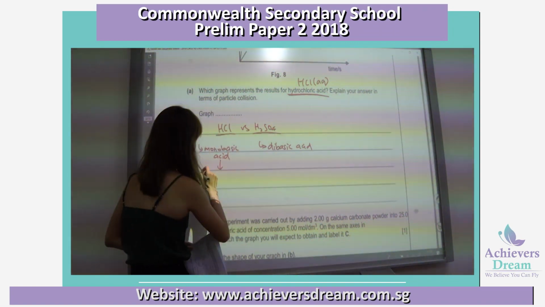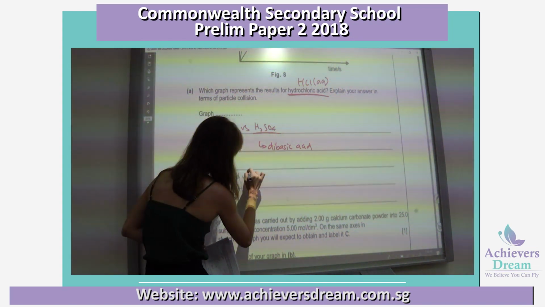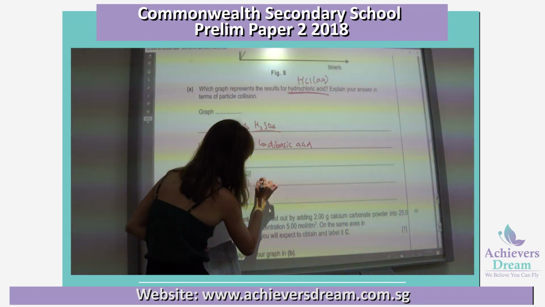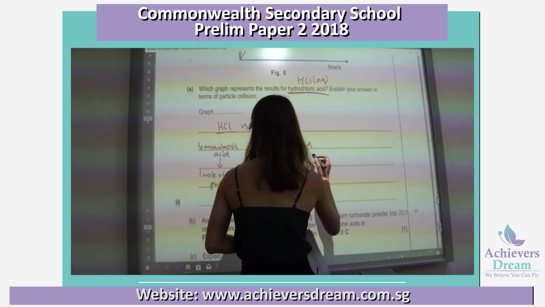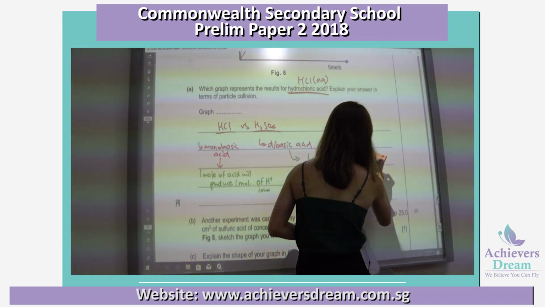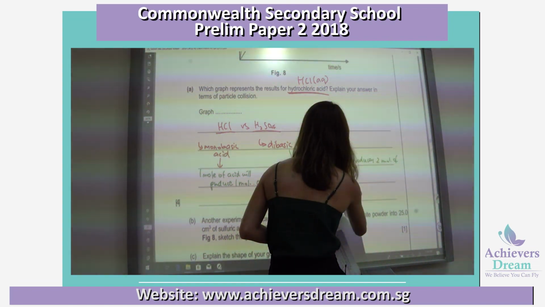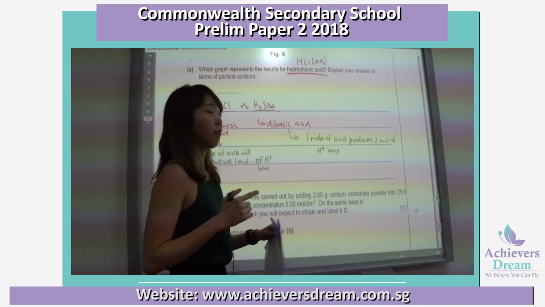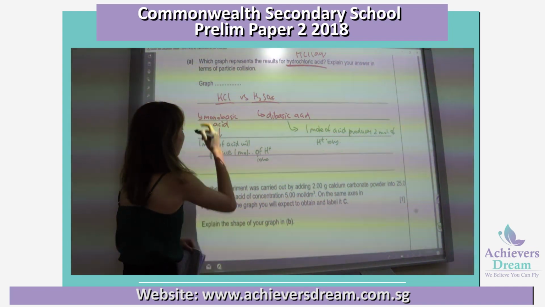It means 1 mole of acid will produce 1 mole of H+ ions. Then for dibasic acid, 1 mole of acid produces 2 moles of H+ ions. So, which one will have a lower concentration of H+ ions? It will be my monobasic acid, my HCl, correct?